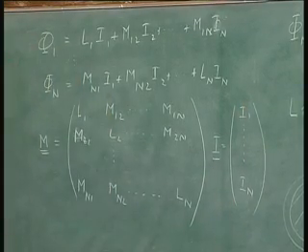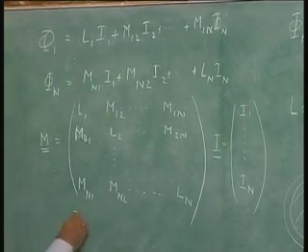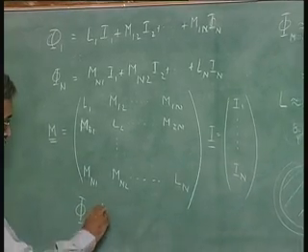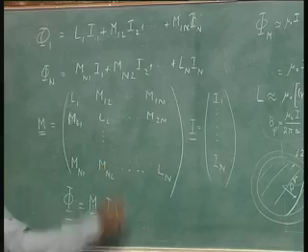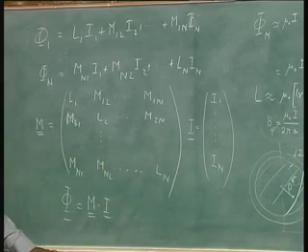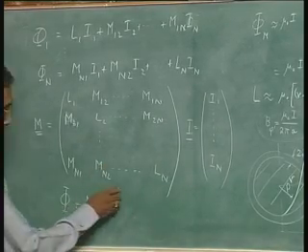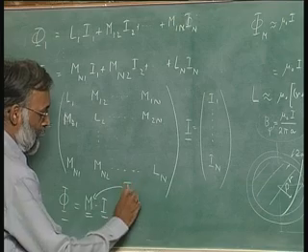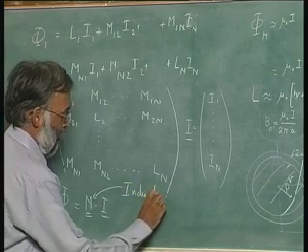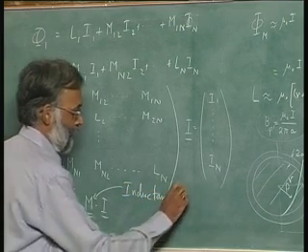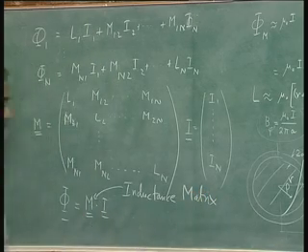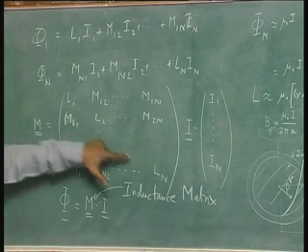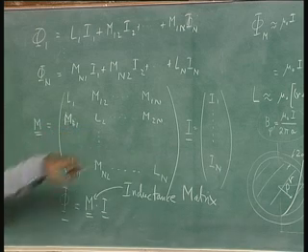Then my flux vector phi is equal to this matrix M multiplied by the current vector I. This M is called the inductance matrix. The diagonal elements, you notice, are called L1, L2, L3.